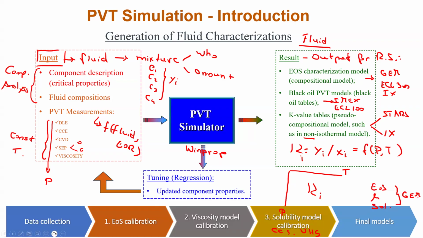You can use a black oil model to run CCS, for example. It can work, especially when you are dealing with saline aquifers, no problem. But if you are dealing with a depleted reservoir, I think it's better to use a compositional model. I think it's more accurate because you need to compute interaction between parameters, and we will discuss it later. Okay.